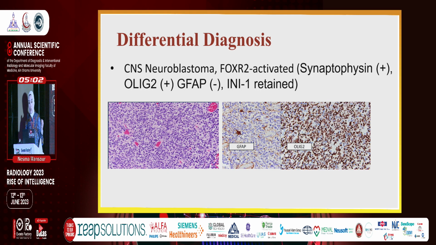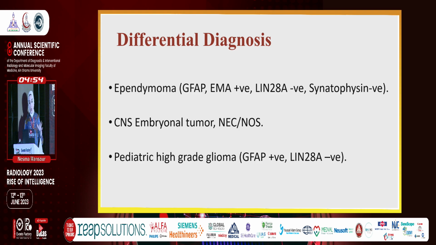For CNS neuroblastoma, we still have the rosettes and retained INI1, but here OLIG2 is positive as well as synaptophysin. For the rest of the differential diagnosis, we have ependymoma, where, unlike ETMR, LIN28 is negative. We have CNS embryonal tumor NEC or NOS, and pediatric high-grade glioma, which also, unlike ETMR, are LIN28A negative.